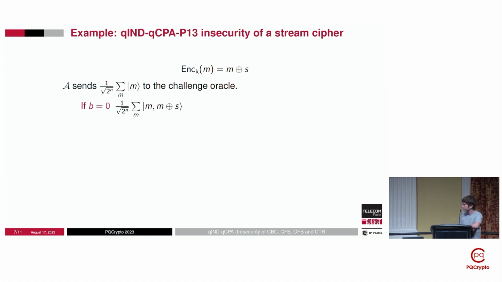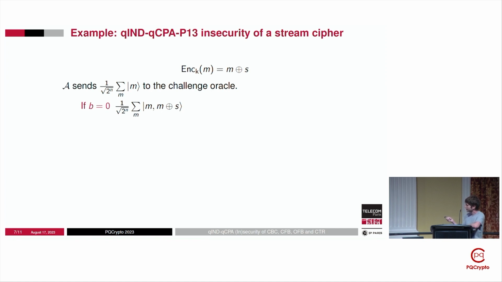So if B is equal to 0, A will simply receive the encryption of this message. There is a catch: we said before that S depends on both the initialization vector and the key. We might wonder whether S also depends on the message, which would be the case classically speaking, but here it isn't. S only depends on the IV, and the IV is the same for the whole superposition.